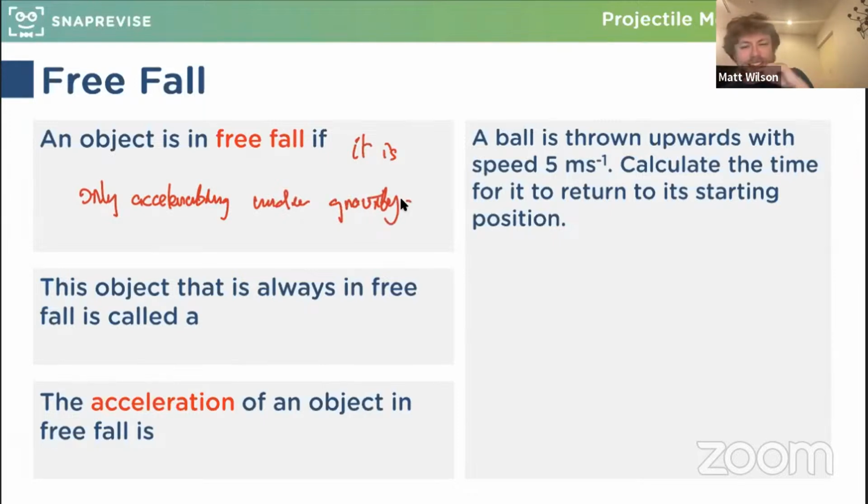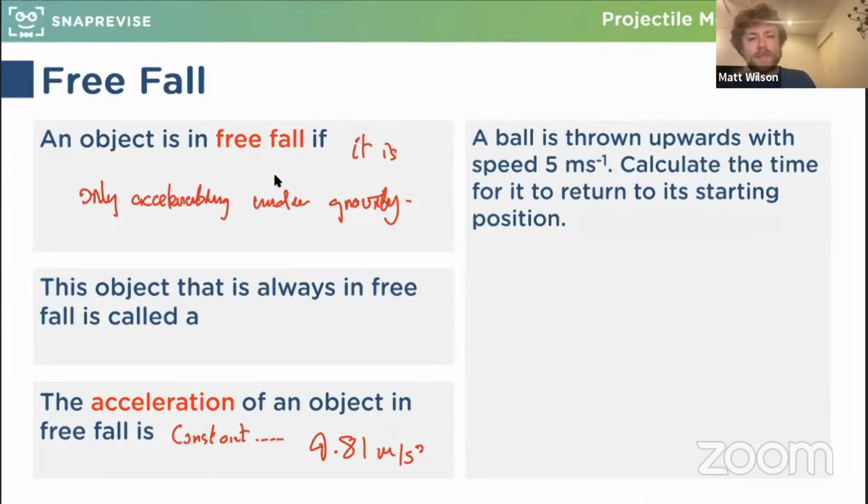This means, by the way, that its acceleration is constant. And it's not just any constant. We know what number it is. It's 9.81 meters per second squared. So that's the exact number that it actually is.